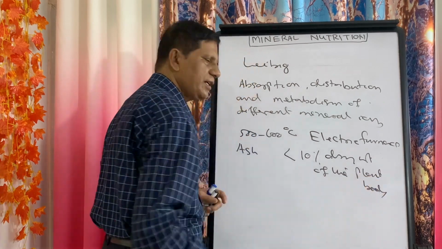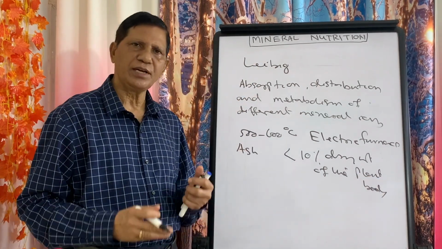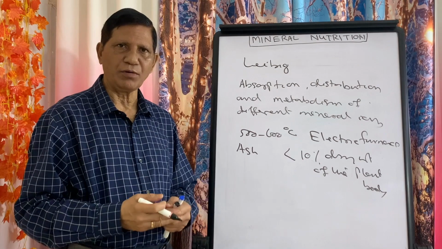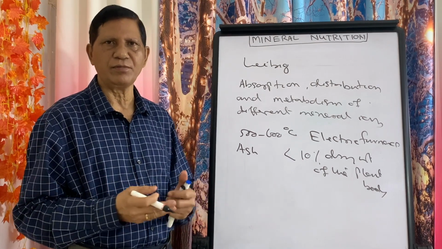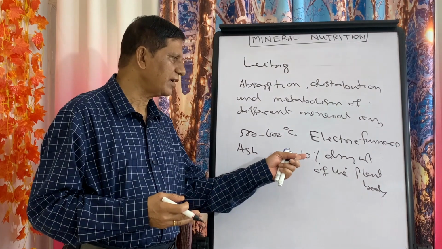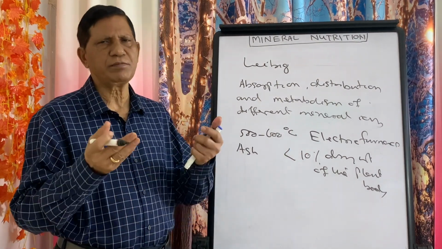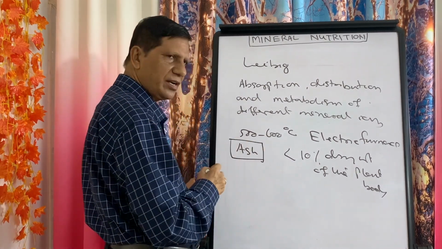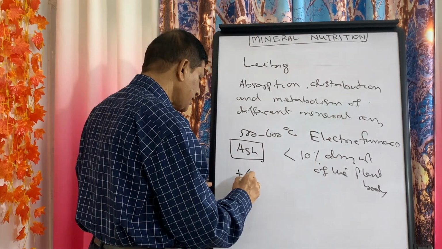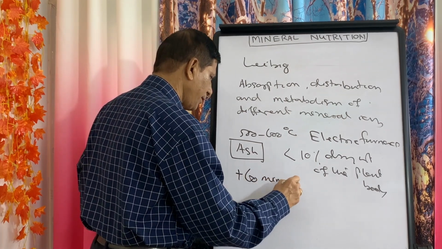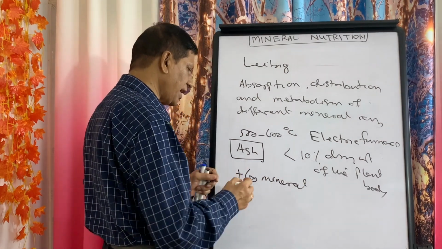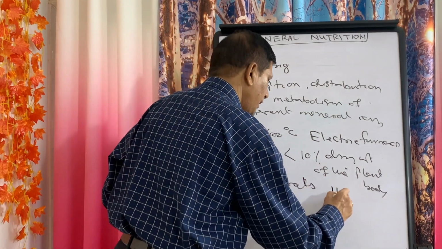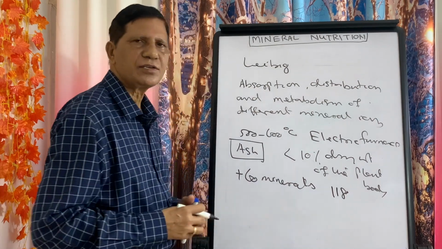You have an idea what dry weight and fresh weight are. Fresh weight means the total weight along with water. But after evaporation of water, what will be left? That is only the dry weight. And the ash content is less than 10% of the dry weight of the plant body. That means very little. And when this plant ash was analyzed, it was found that more than 60 minerals, I have written 60 plus, are present in plants out of 118 elements that are present in soil.